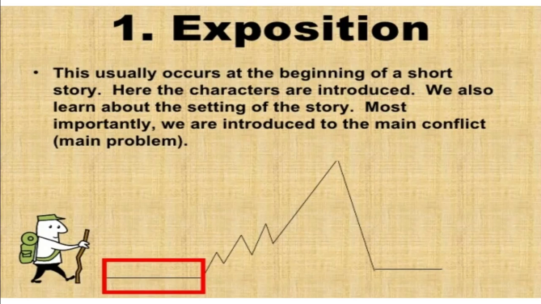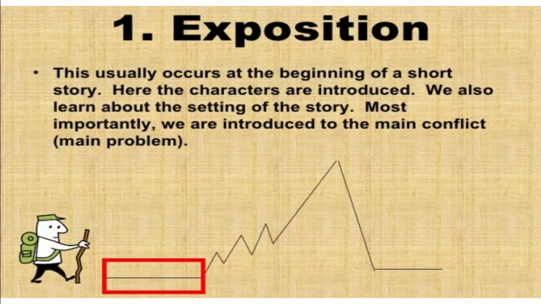We have an idea of what the big issue, problem, struggle is going to be for that character, usually in the first couple paragraphs of a short story, usually by the end of the first or second chapter of a chapter book. So that's our exposition: the setting, the characters, and the conflict. Those are the main parts of our exposition.